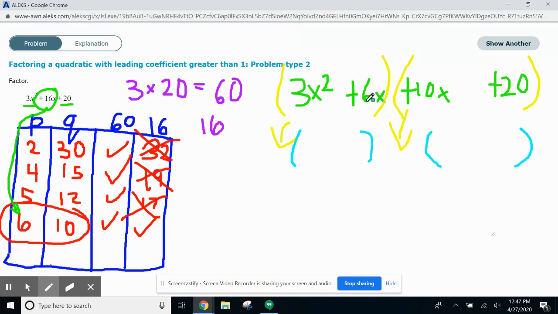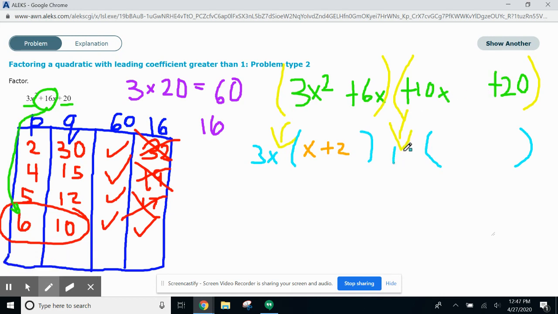Well, if I look at this first one, they both have an x, so I can take an x out. And they both have 3. 3 can come out of the first one, and 6 divided by 3 is 2. So I'm going to have x plus 2. And if I look back on the right, they both have 10s.